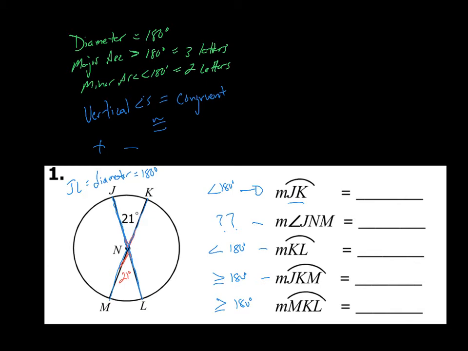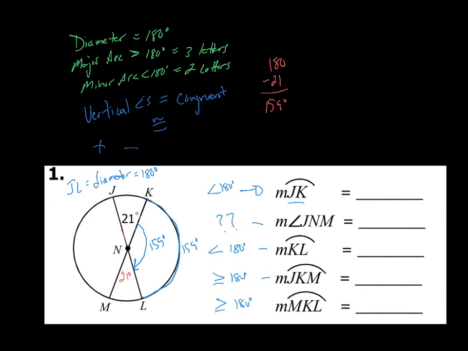So if this is 180 degrees, then 180 minus 21 degrees is going to give me what's left right here. So when I do the subtraction of 180 minus 21, I get 159 degrees. So the angle is 159, so the arc from K to L is also 159 degrees.